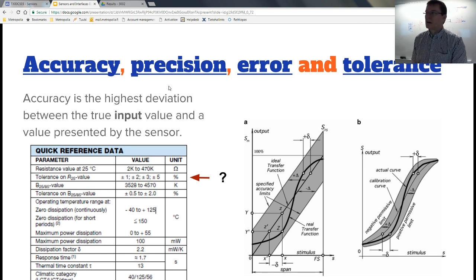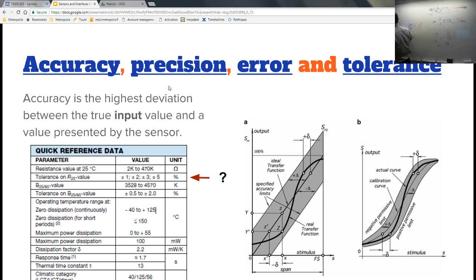Tolerance, okay, this is the manufacturing kind of term. Tolerance gives the accuracy of these, or how much the values in average differ from sensor to sensor. So you take 1,000 sensors, and that's actually a statistical measurement.